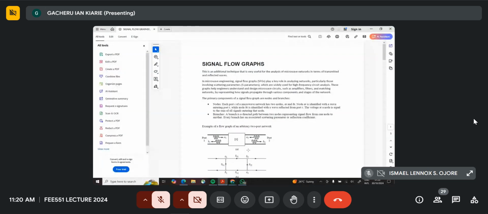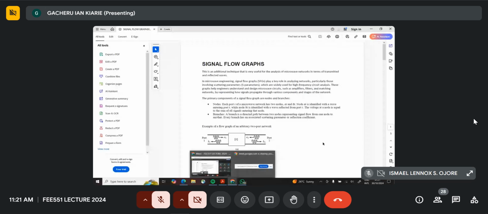So I'm going to present on signal flow graphs. From here, it says that it's an additional technique useful for analysis of microwave networks in terms of transmitted and reflected waves. So it's another technique that is used. Just a minute, could you please zoom in?